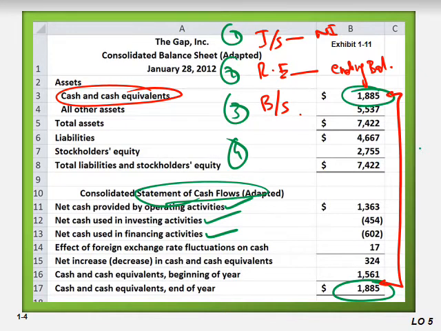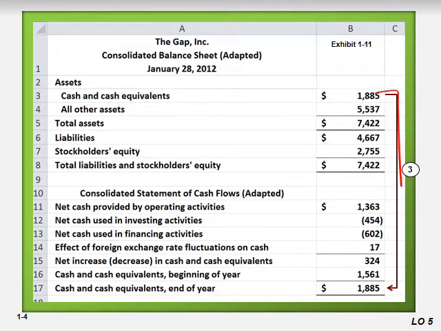From the balance sheet we find the cash balance, and we compare it with the statement of cash flows and match its balance here. This is the relationship. So these match with the statement of cash flows of all the activities.